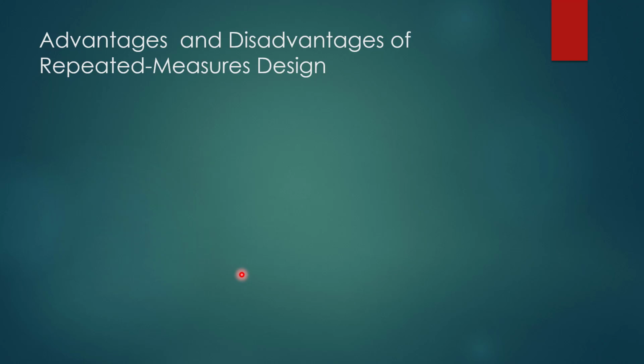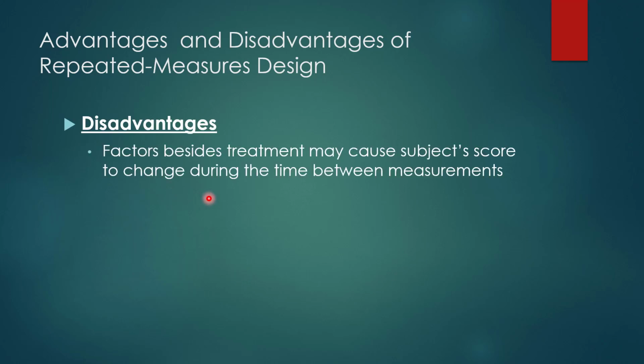Of course, there are some disadvantages to the t-test. Otherwise, we wouldn't have alternative designs. Factors besides the treatment may cause the subject's scores to change during the time between measurements. There are things that we don't necessarily have the time to talk about here, but there's history effects, there's practice effects, there's fatigue, there's order effects.